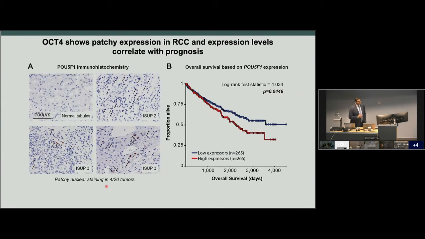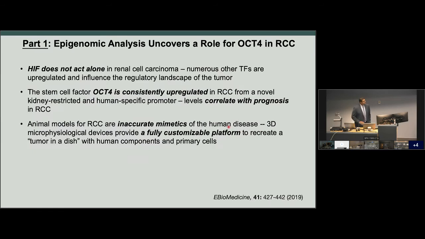Now, this increased level of transcription also corresponds to patchy expression of the OCT4 protein. And importantly, the transcript levels actually also have an effect on prognosis, meaning that higher OCT4 levels, that red line over there, correspond to poor prognosis in patients in the Cancer Genome Atlas database. So what I've told you so far is really a story of transcriptional dysregulation.